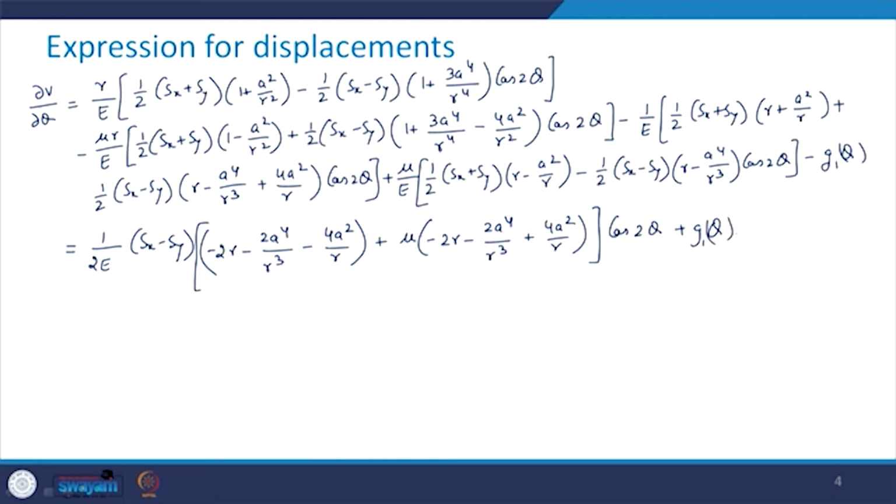You just need to simplify this equation, and this is what you will get.